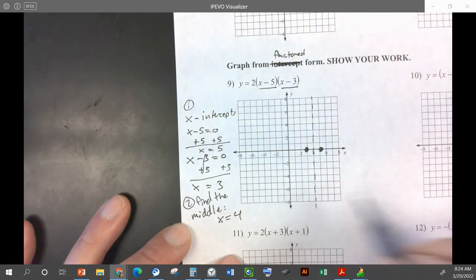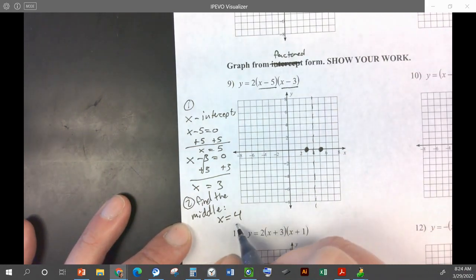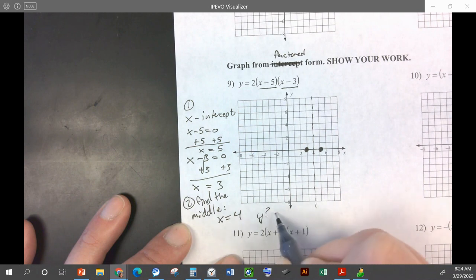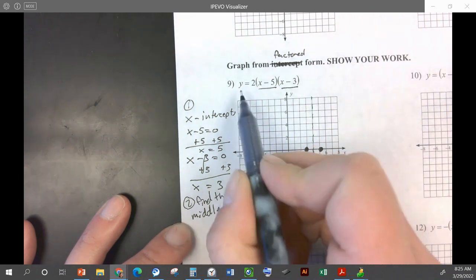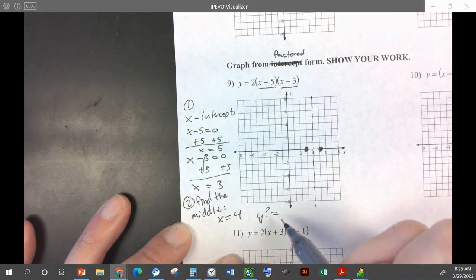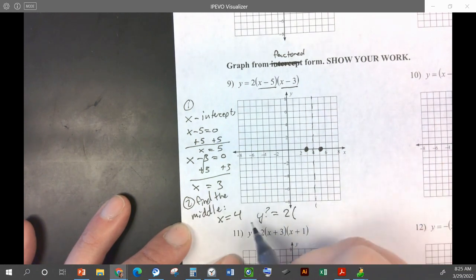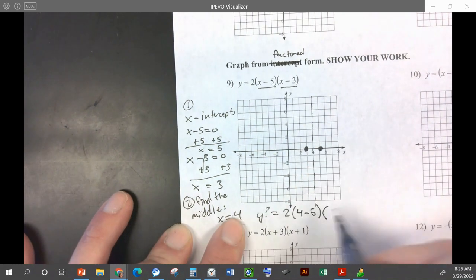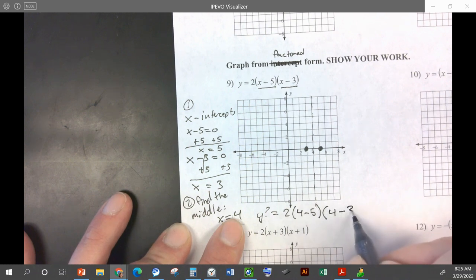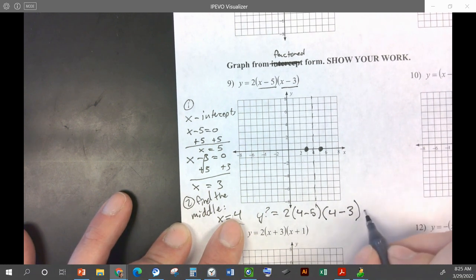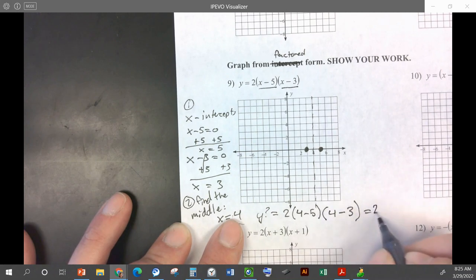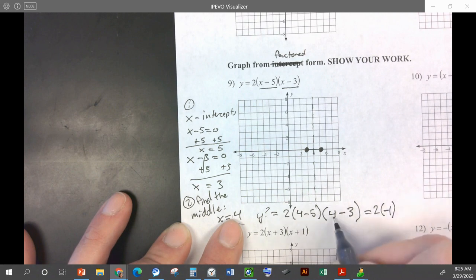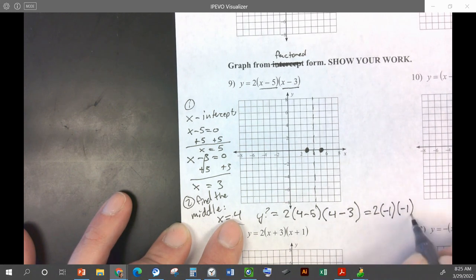So we're going to say, when x is 4, what is y? We can find what y is if we use this equation. So y is 2 times 4 minus 5 times 4 minus 3, and then we simplify. So we've got that 2. And 4 minus 5 is negative 1. 4 minus 3 is positive 1.